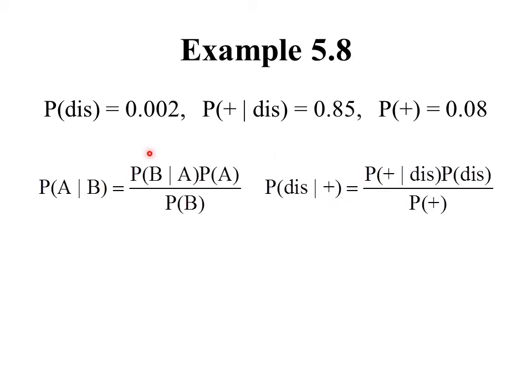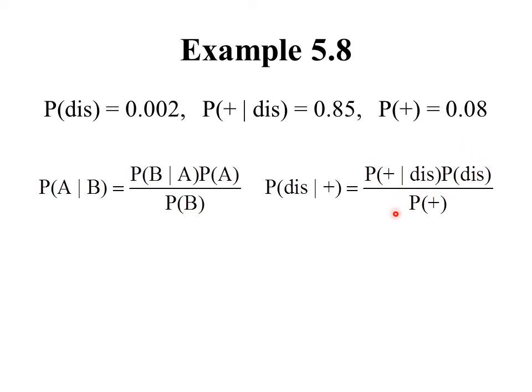And so using Bayes' theorem, this conditional probability is the probability of testing positive given that we have the disease, so this is B given A, times the probability of A, which is the probability of having the disease, divided by the probability of B, which is the probability of testing positive.